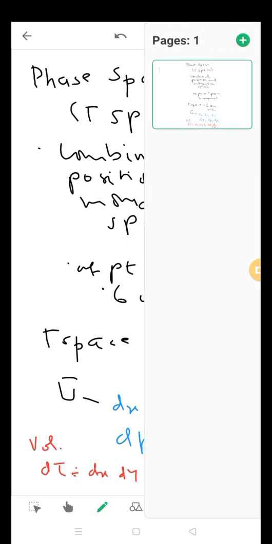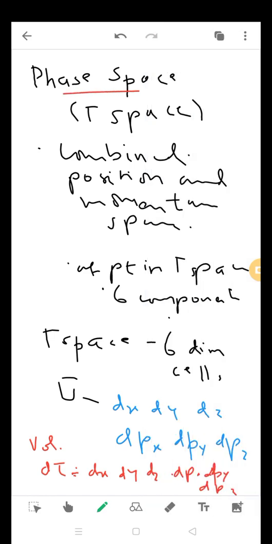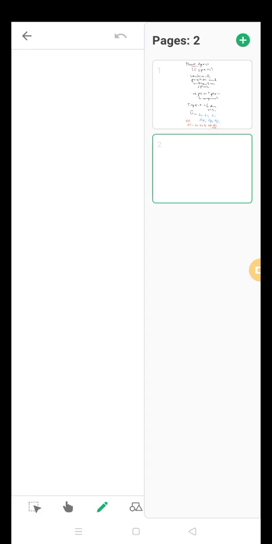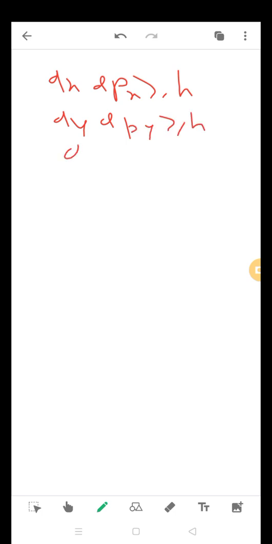Now, according to the uncertainty principle, dx dpx should be greater than or equal to Planck's constant, and so it is for dy dpy, and dz dpz.